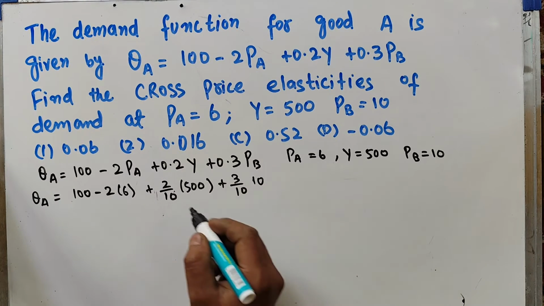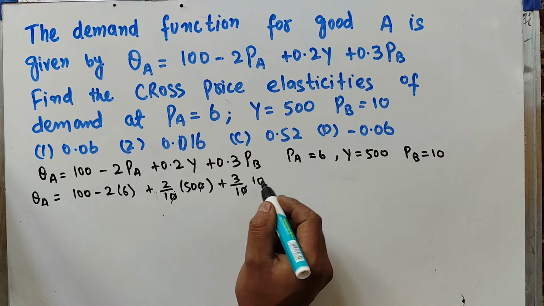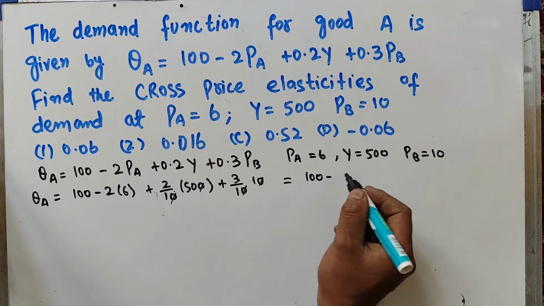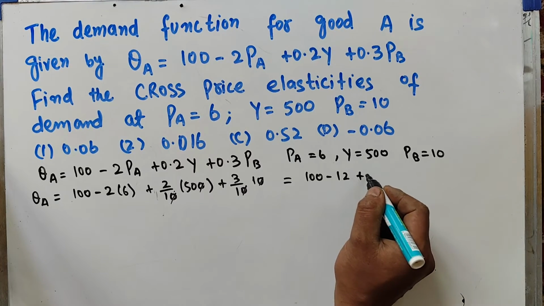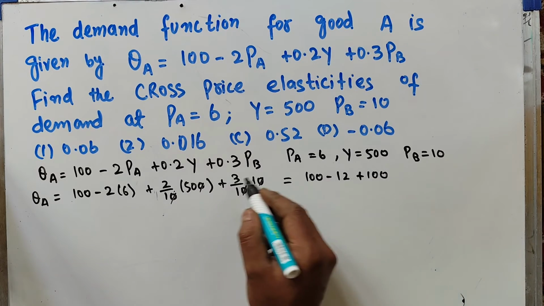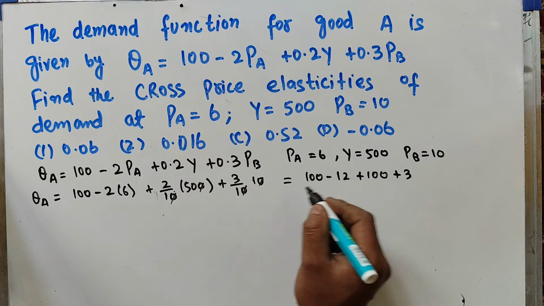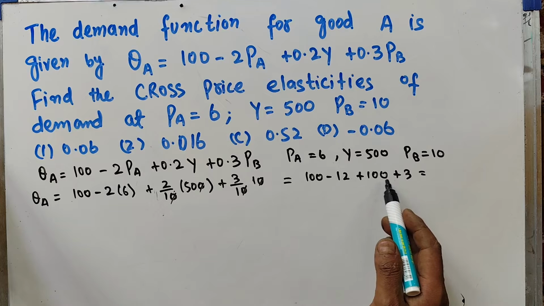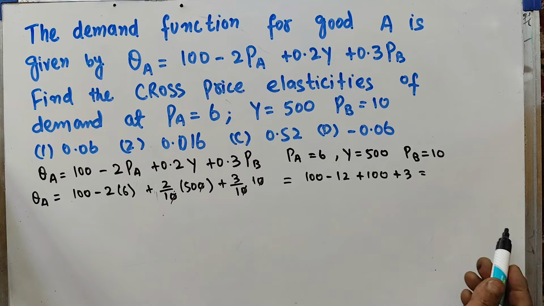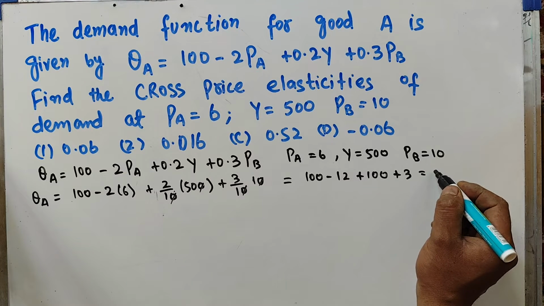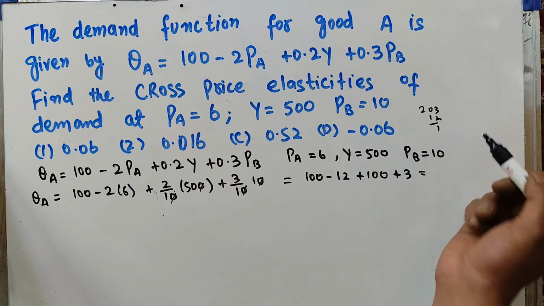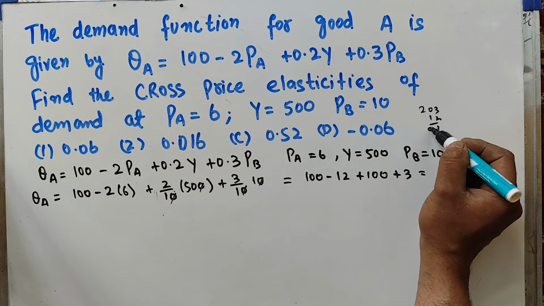Here this gets cancelled, this gets cancelled, we are left with 100 minus 12 plus 100 plus 3, which is equal to 203 minus 12, so this is 191.